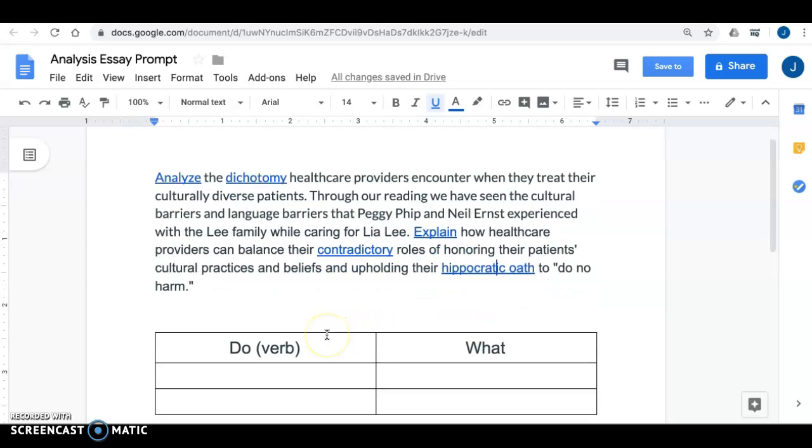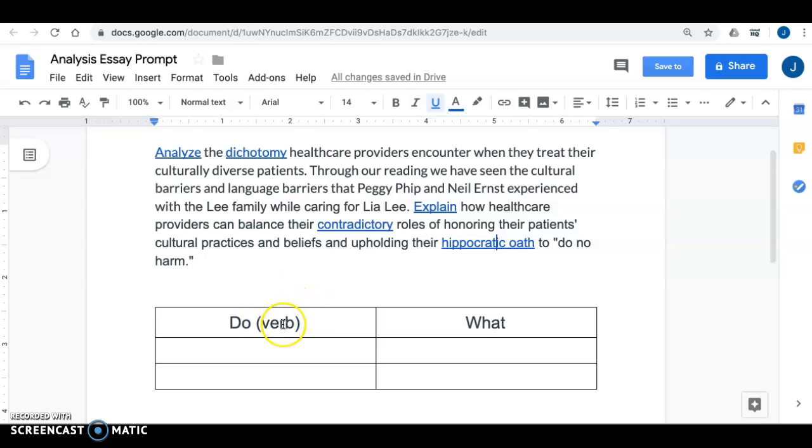All right, so I'd like to just pull out the verbs on one side and then what am I supposed to do? So I know that analyze is a verb, so I know I'm going to have to analyze the dichotomy healthcare providers encounter when they treat their culturally diverse patients.